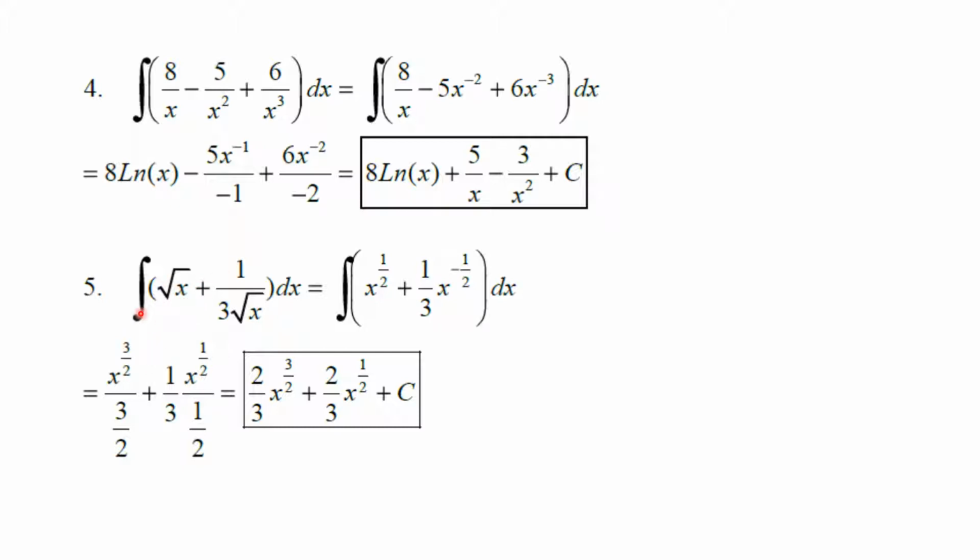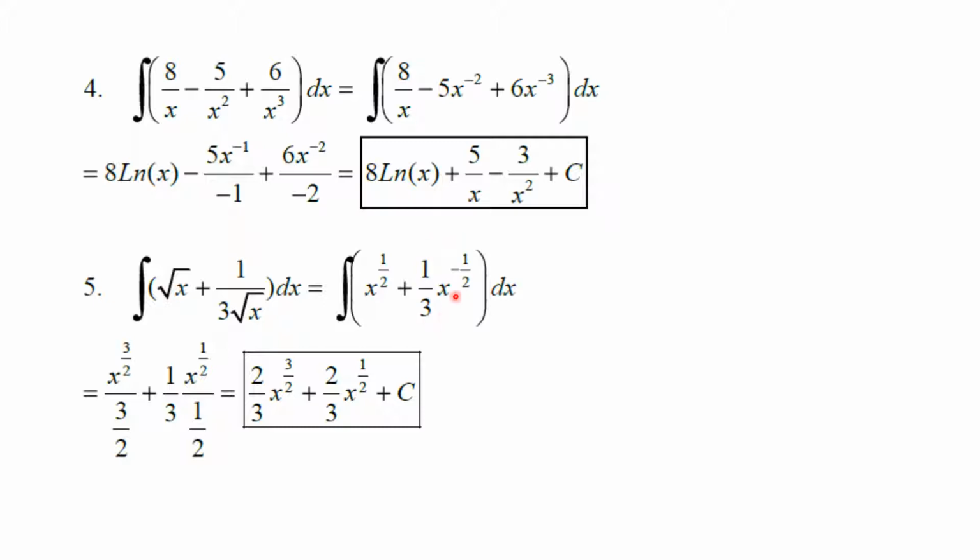When you have surds, please write it in linear form first, as in change the surd to a number index. So x power of half, 1 over 3 multiply x to the power of negative half. This is basics of index law applied here. And then you can integrate. So x to the 1 over 2 plus 1 will result in 3 over 2 divided by 3 over 2. So when you divide it, it will flip to 2 over 3 multiplied by x power 3 over 2.